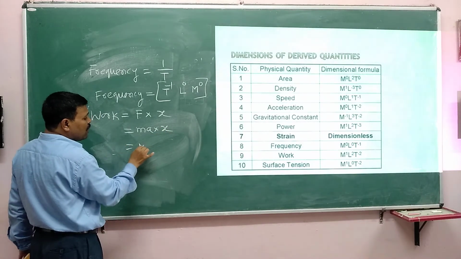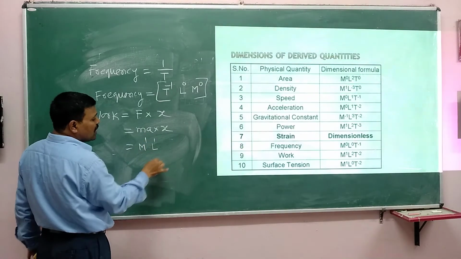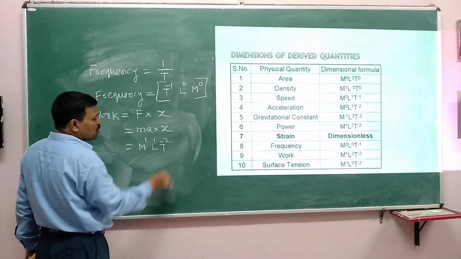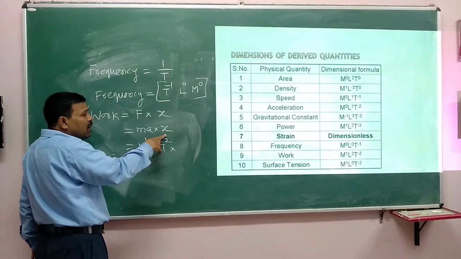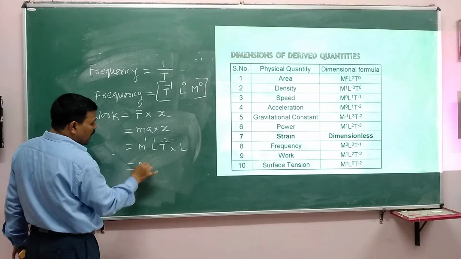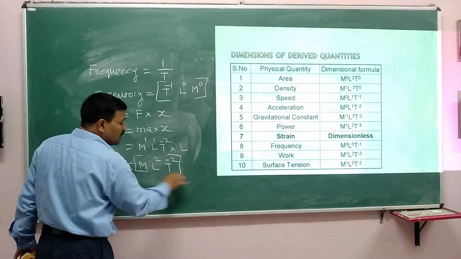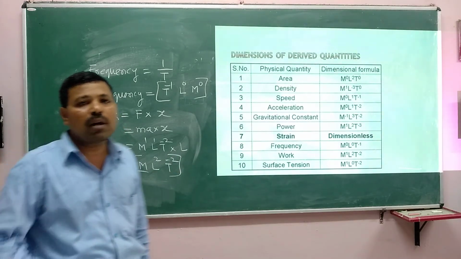Mass dimensional formula is M raised to 1. The dimensional formula of acceleration is L T raised to minus 2, and the dimensional formula of displacement is L. So M raised to 1, L raised to 2, and T raised to minus 2 is the dimensional formula of work.